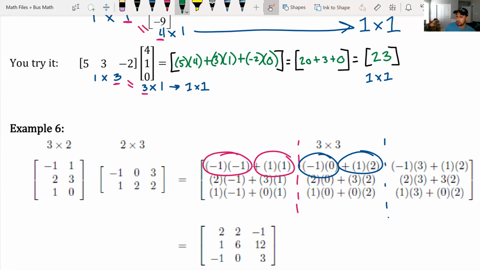And then we do -1 times 3, which is right there, plus 1 times 2, which is right there. That makes the third element in row 1 on our matrix. Starting to see a pattern? Let's do it again.